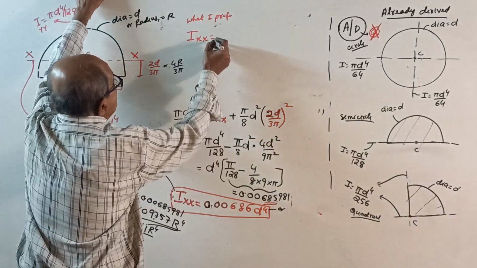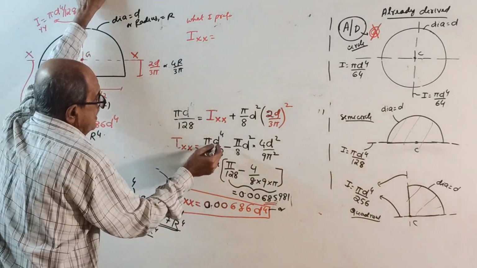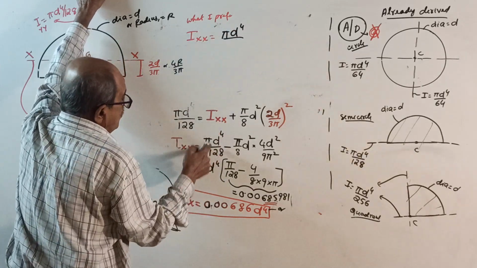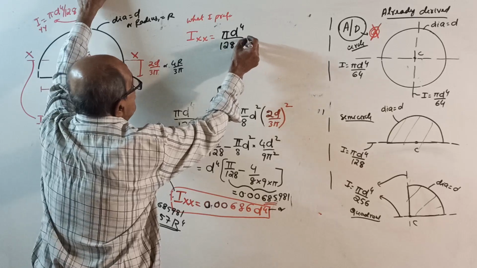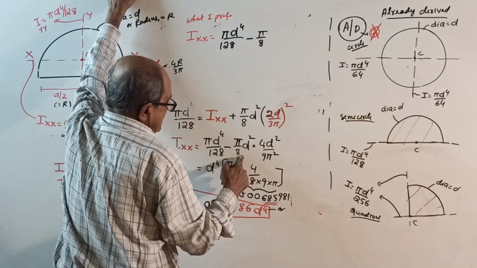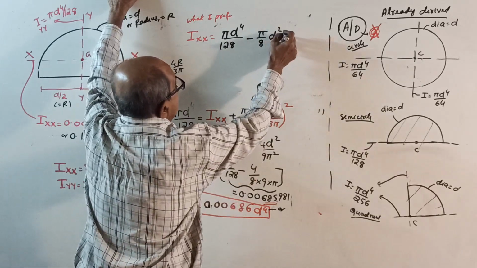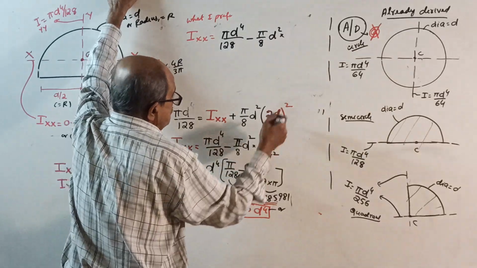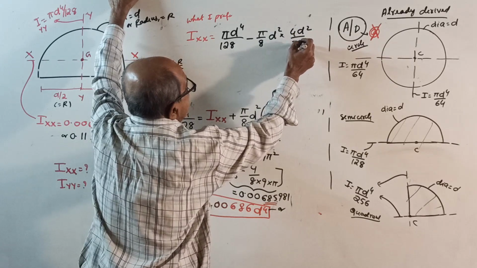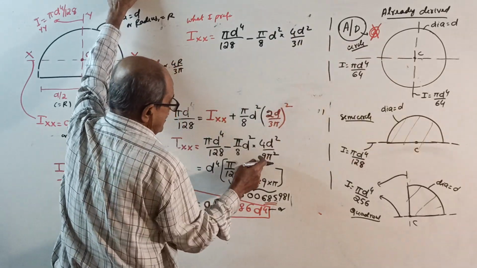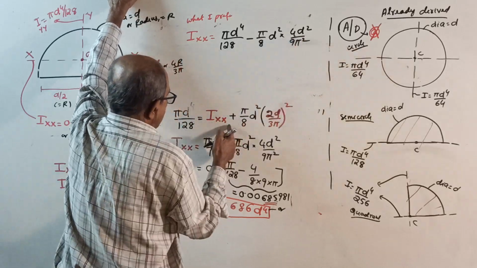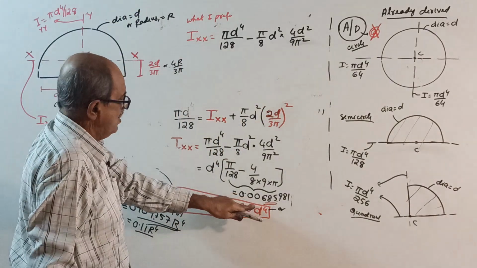Ixx is pi d power 4 by 128 minus pi by 8 d square into 4d square by 9 pi square. This you already got earlier, then we simplified it as 0.00686.